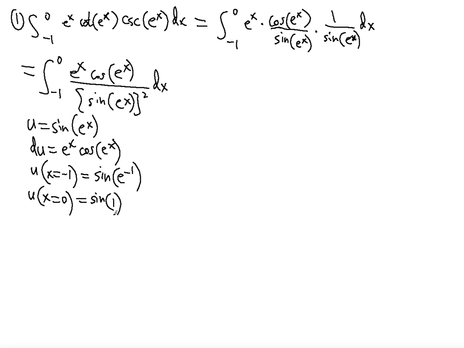Sine of 1. So I'm going to use my calculator really quick. And I'm going to be in the radian mode just to check which limit is greater than the other so that we know what to do. So sine of 1 is 0.84.